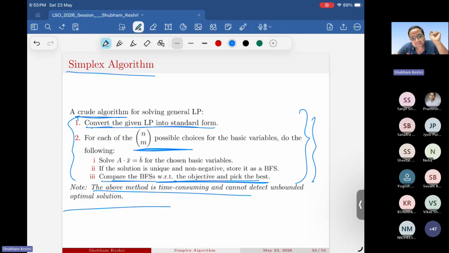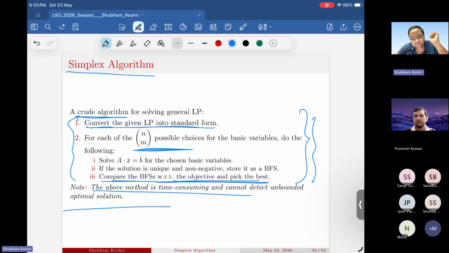We were identifying the corner points, evaluating the objective function value at the corner points, and picking the best one. We are doing the same thing. We know that corner points are the same as basic feasible solutions. We identify all the basic feasible solutions, obtain the objective function value, and pick the best. So I'm asking, is this algorithm sufficient, or is there any issue with this algorithm?